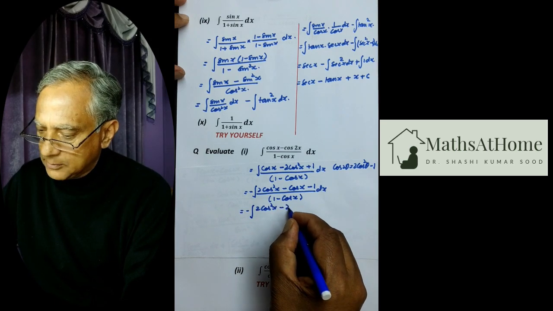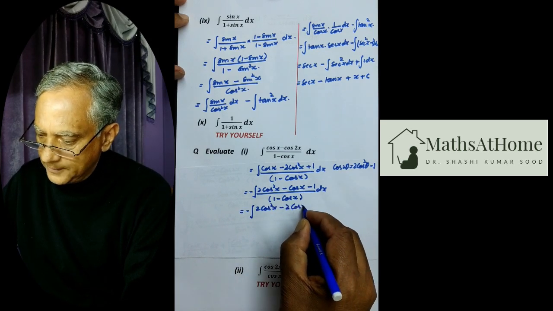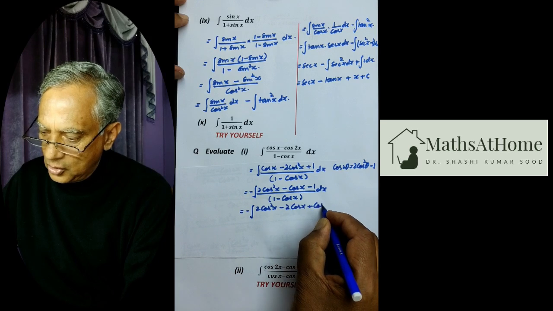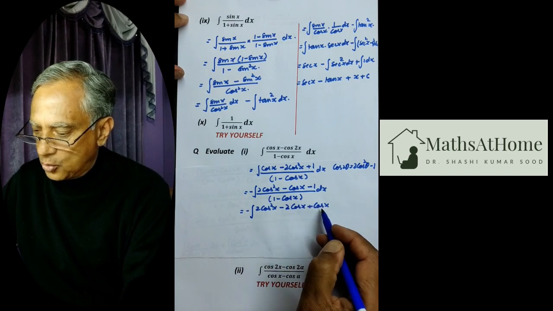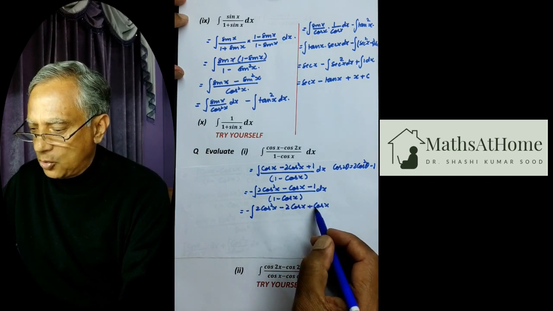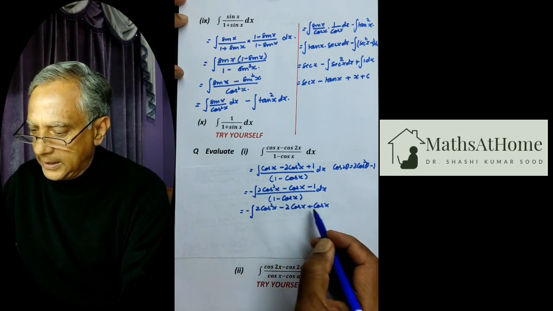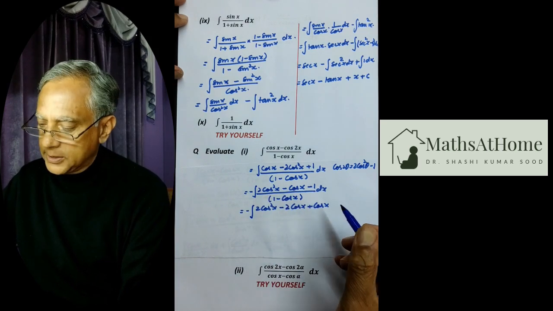So we can write this as minus 2 cos x plus cos x. We will split this into two terms such that the product of their coefficients is minus 2 and their sum is minus cos x.